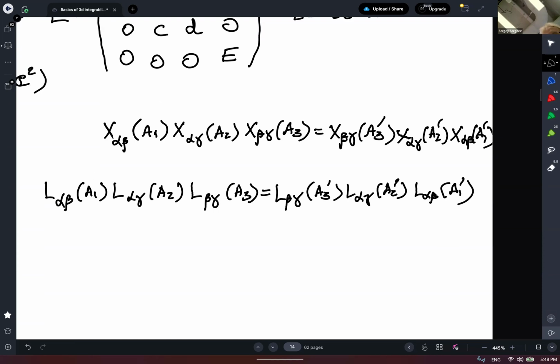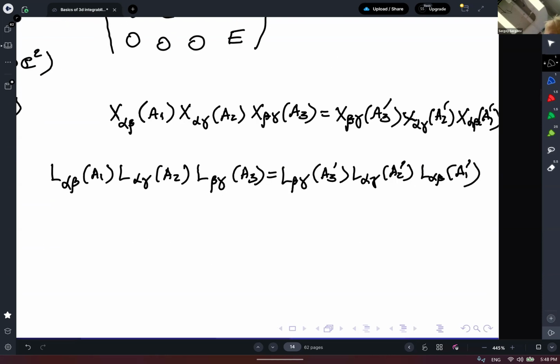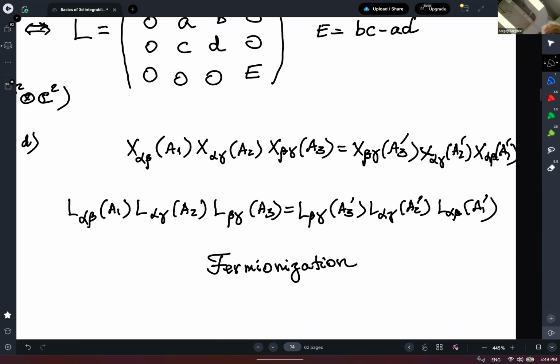Well, this phenomenon, I think, is called fermionization. And you can verify just by hand, writing down a set of such equations in one case, in another case.